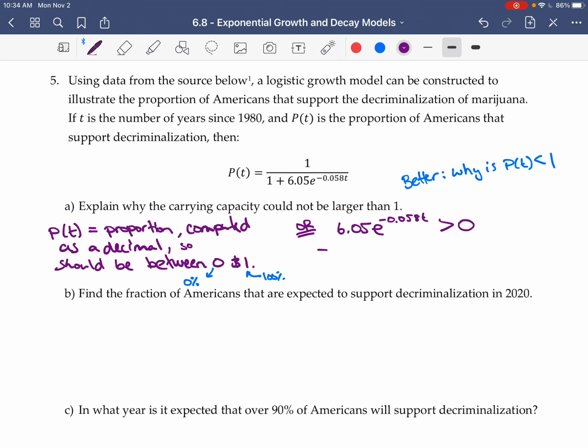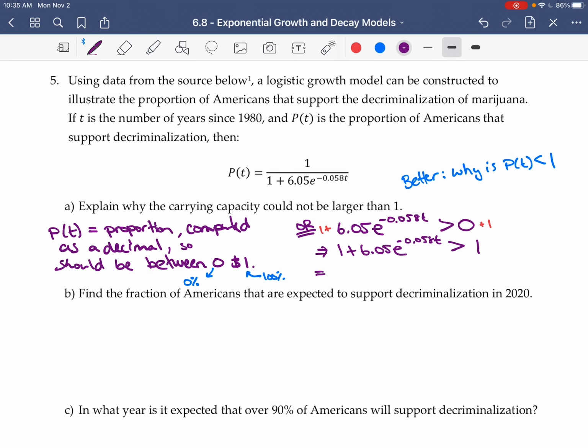Okay, so what that means is that the bottom, so if I add 1 to this number, then it should be bigger than 1. So all I did was add 1 to both sides, essentially. So the bottom's bigger than 1.